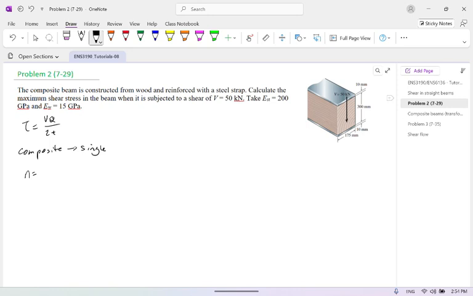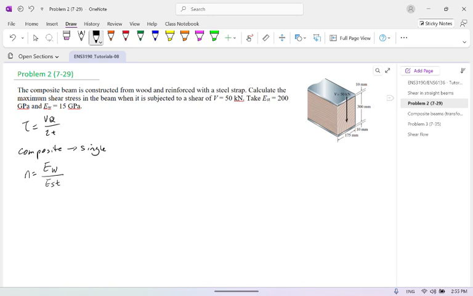Because it's wood and we want to transform the wood into steel to save room, N is equal to the Young's modulus of wood divided by the Young's modulus of steel.